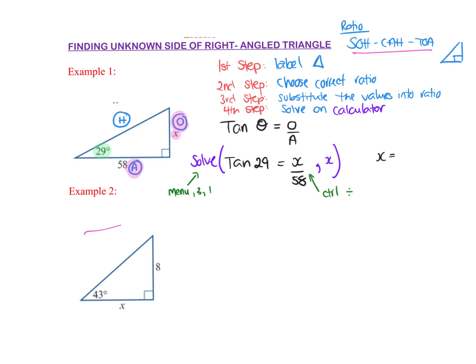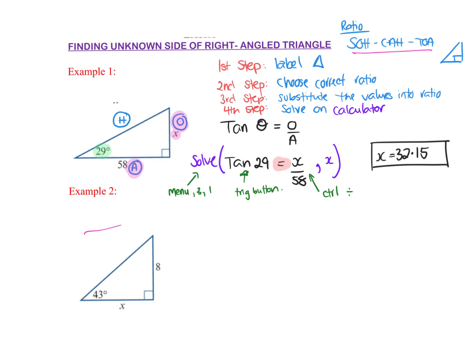Then comma X. And then remember, we get this tan using the trig button. I'm going to pause the video, and it didn't say how many decimal places, so I'm just going to do 2. So I get 32.15. And there's no units on this triangle, so I'll just leave it like that. So there's my answer.